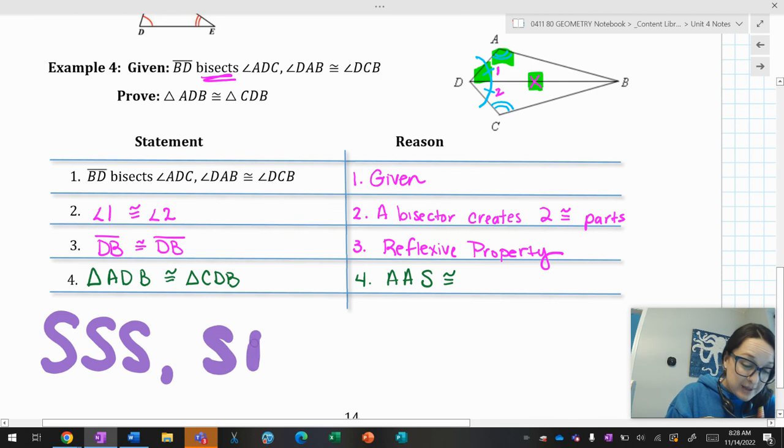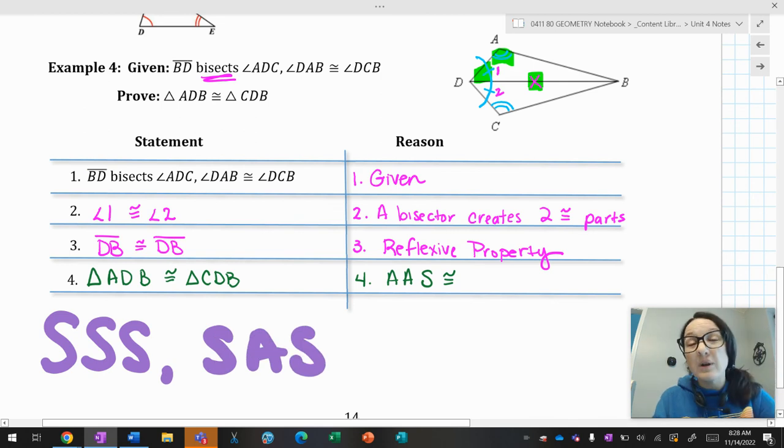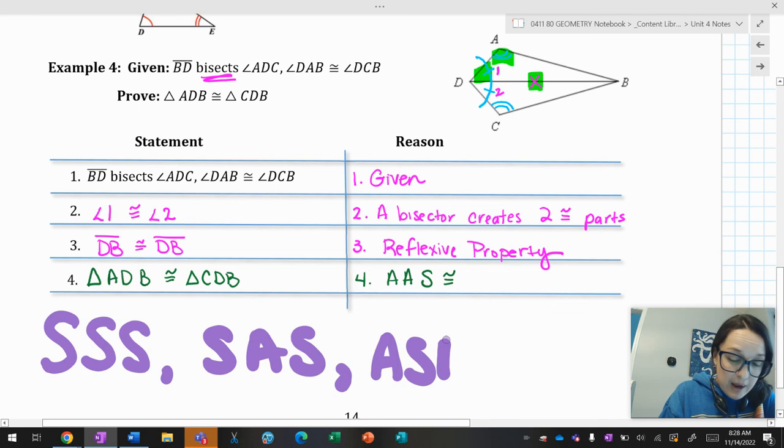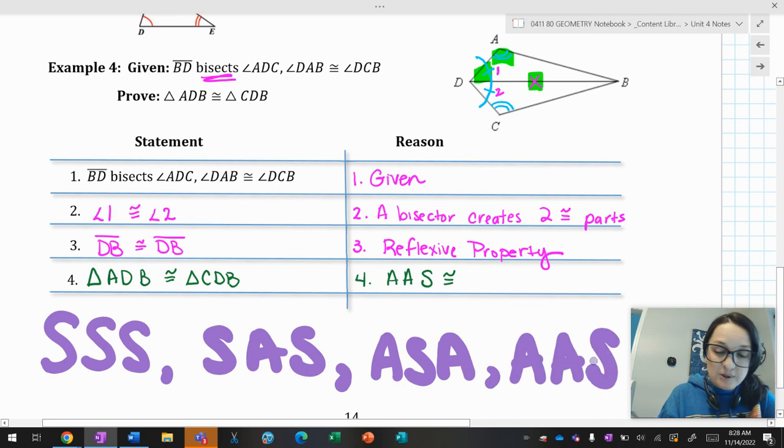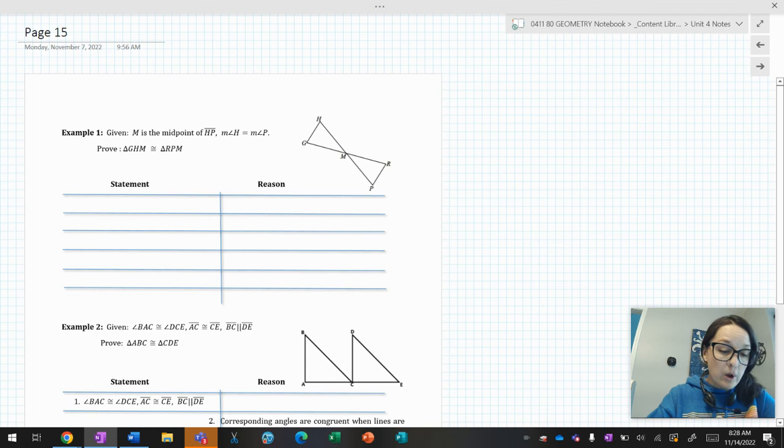We also have SAS from before, where if you don't have all 3 sides, 2 sides and the angle between them would be SAS. And then today we said, well, what if instead of multiple sides, you had multiple angles? Fine. You could have ASA, 2 angles with the side in between, or AAS, 2 angles and the side not between them.